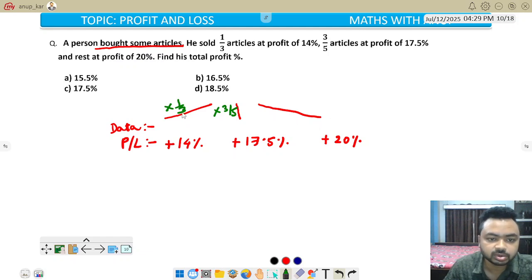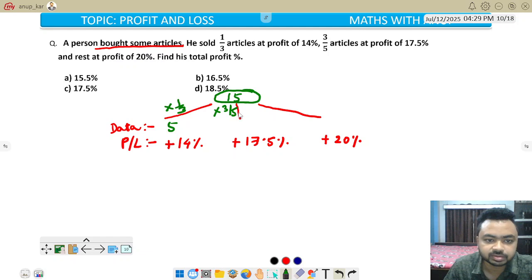So we'll be considering the multiple of 3 and 5. For easy calculation, the common multiple of 3 and 5 comes up to be 15. So 1/3 of 15 is how much? It is 5.